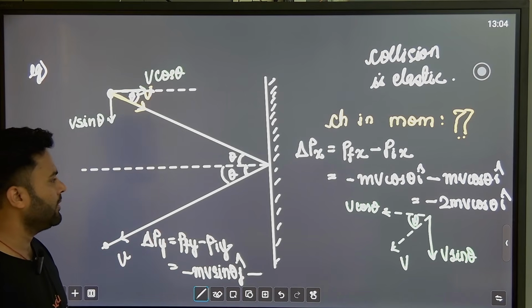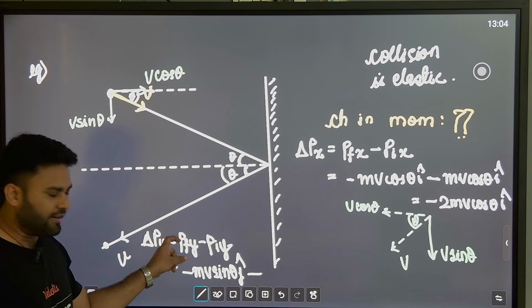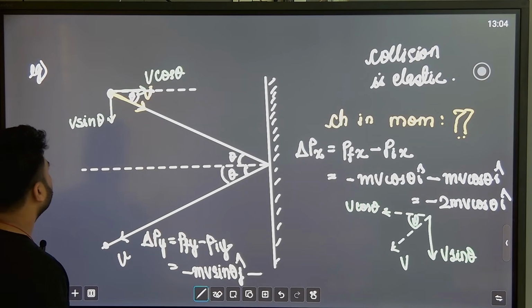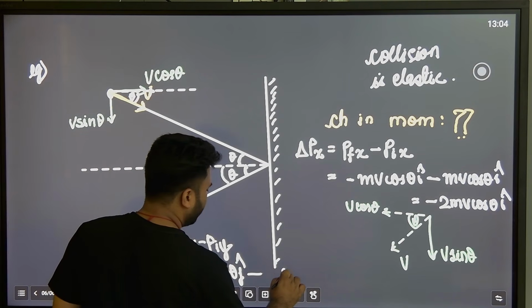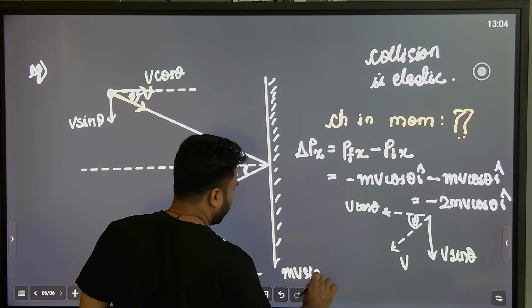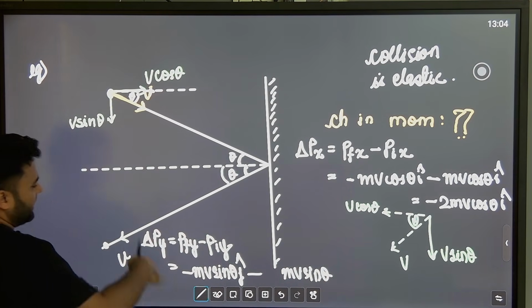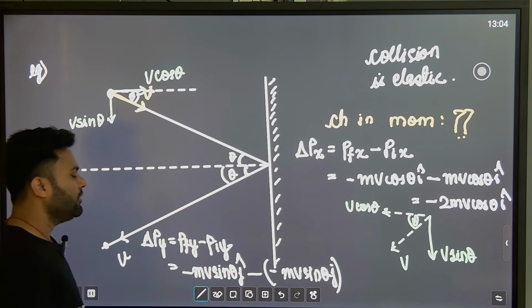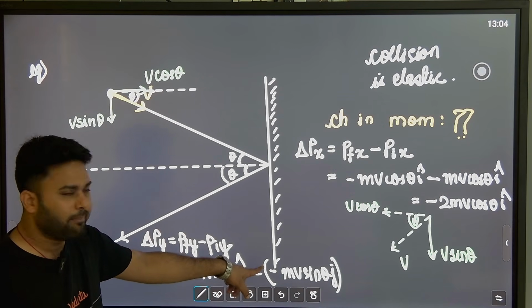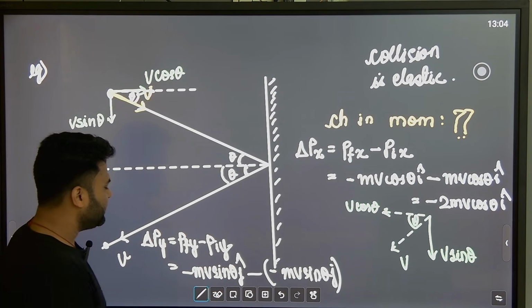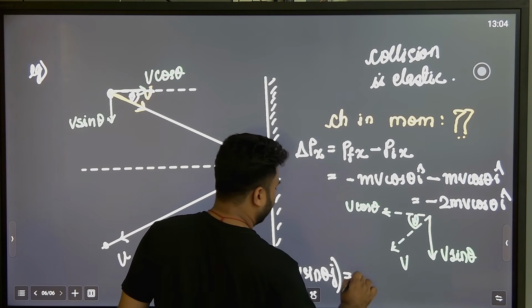Minus the initial momentum in y direction: again mass is m, velocity is v sine theta, and direction is minus j cap. Minus minus becomes plus, so this will be plus mv sine theta and minus mv sine theta, j cap. They cancel and it becomes 0.